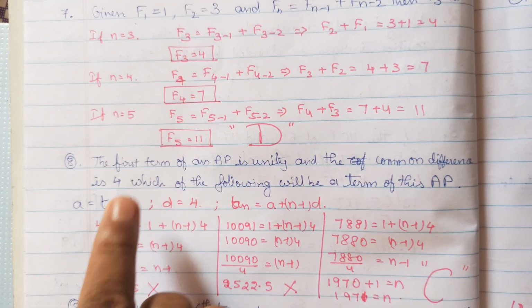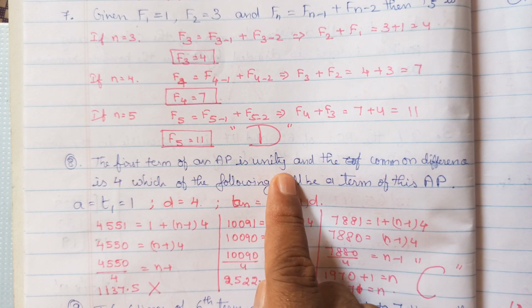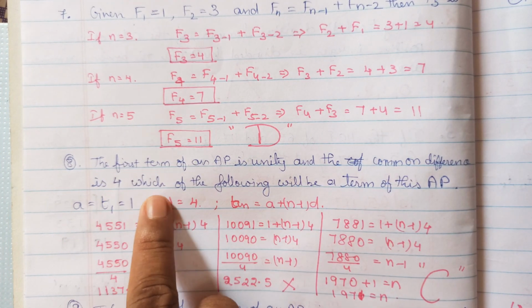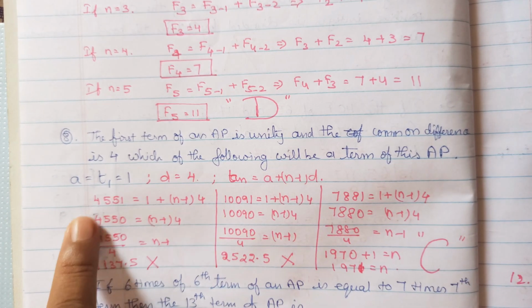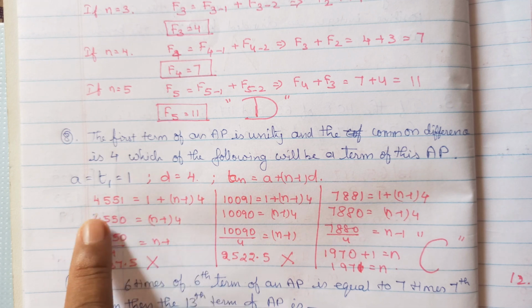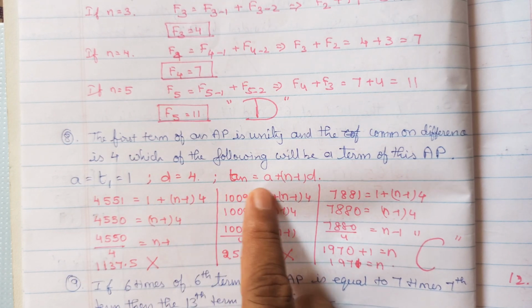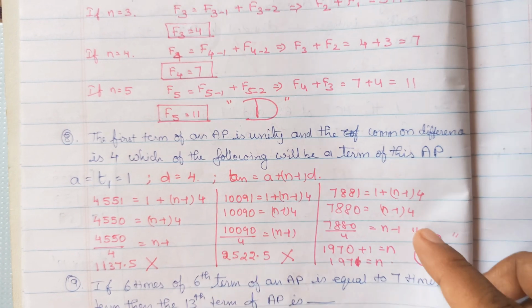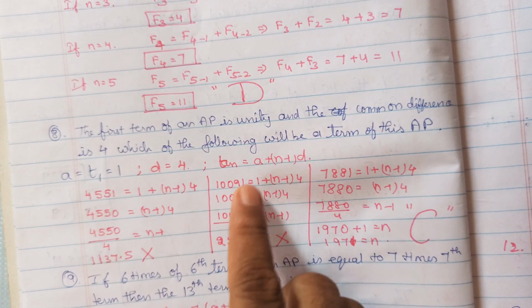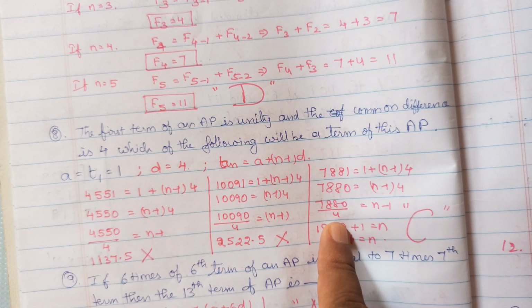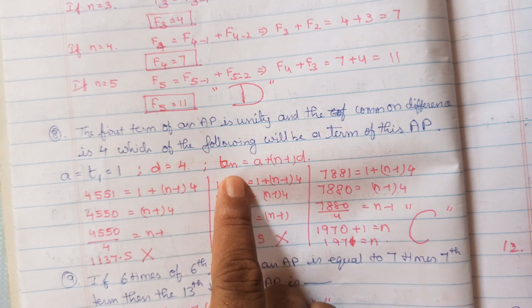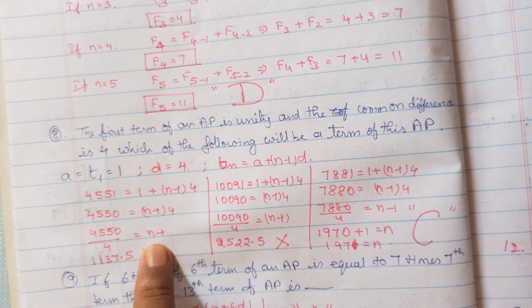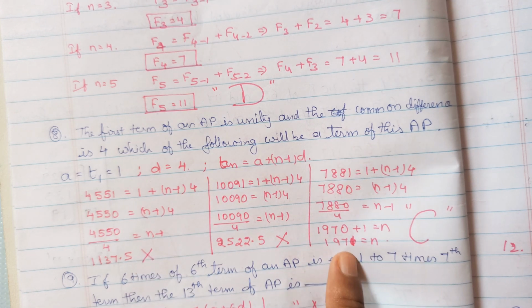The first term of an AP is unity and the common difference is 4. Which of the following will be a term of the AP? So term 1 is 1, d equal to 4, tn is equal to a plus n minus 1 into d. We substitute the given values for tn. Whichever value gives n as a natural number is the answer.